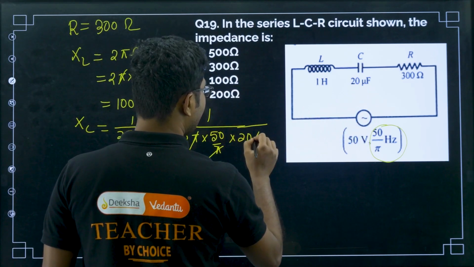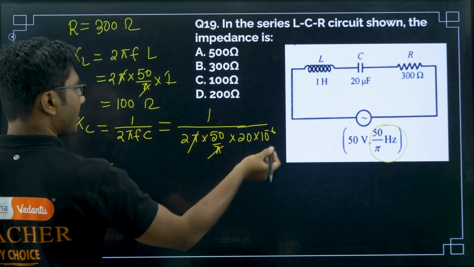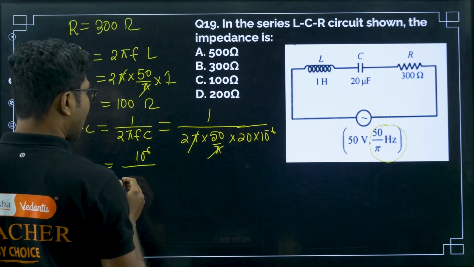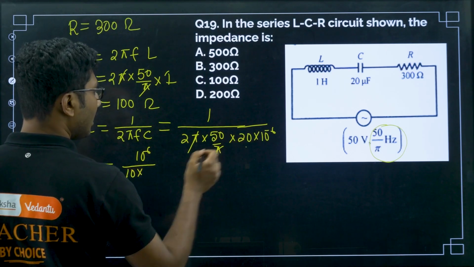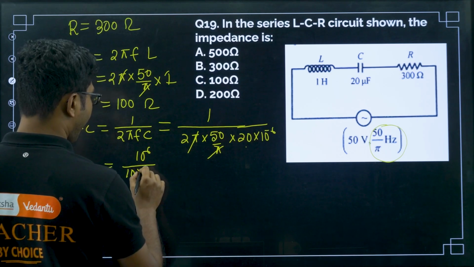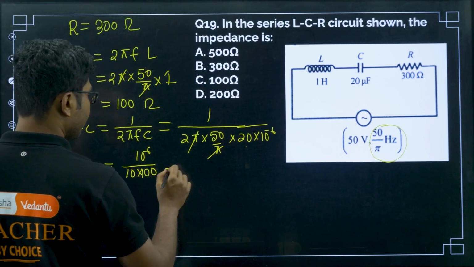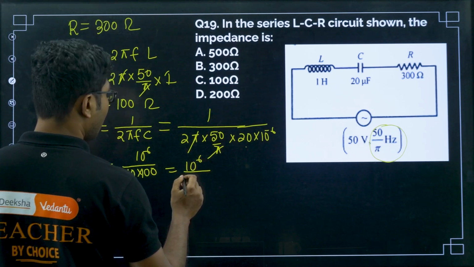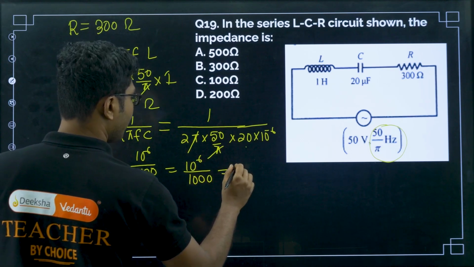Microfarad means 10 to the power of minus 6, so it will go up as 10 to the power of 6. 50 times 20 is 1000, so 10 to the power of 6 divided by 1000 will be 1000.